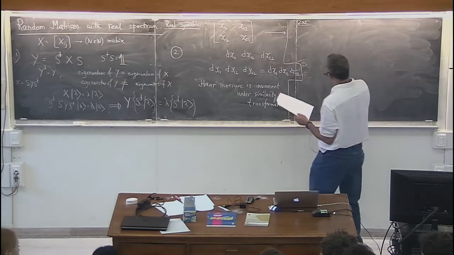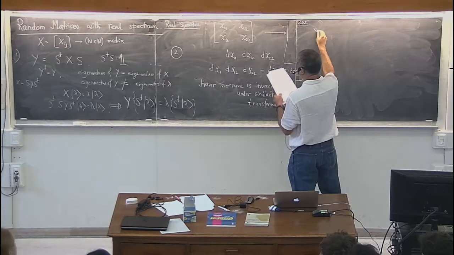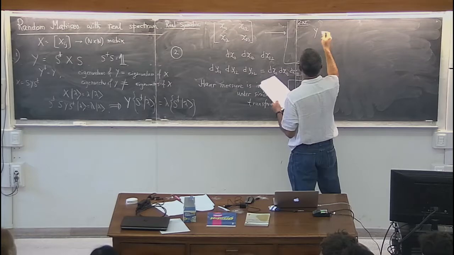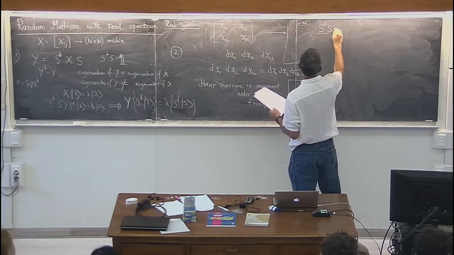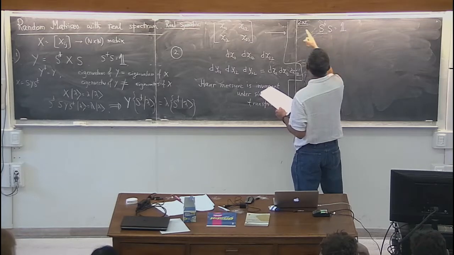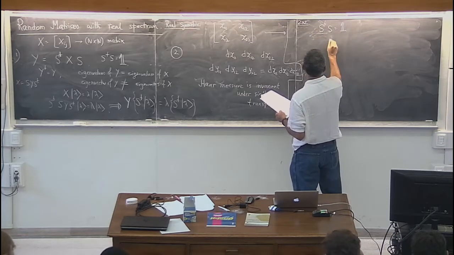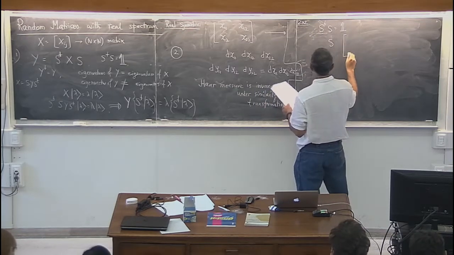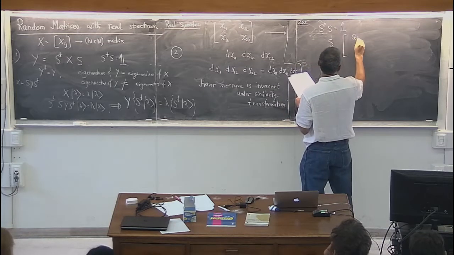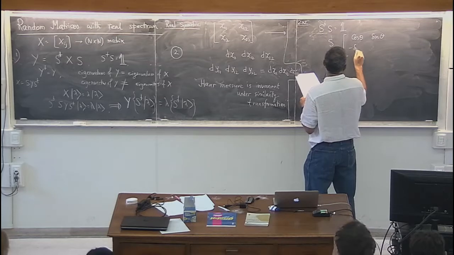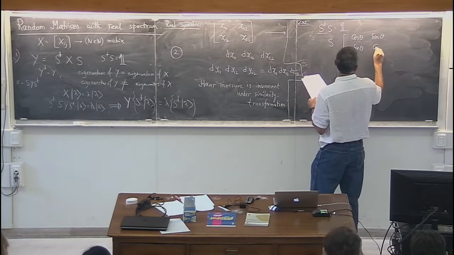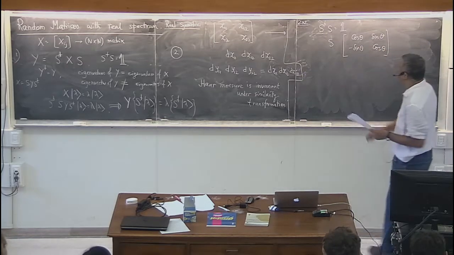For a 2 by 2 matrix, you know very well that any orthogonal matrix S, so that S transpose S is identity, I can always parameterize by a rotation matrix, which is cosine theta, sine theta, minus sine theta, cosine theta, right?